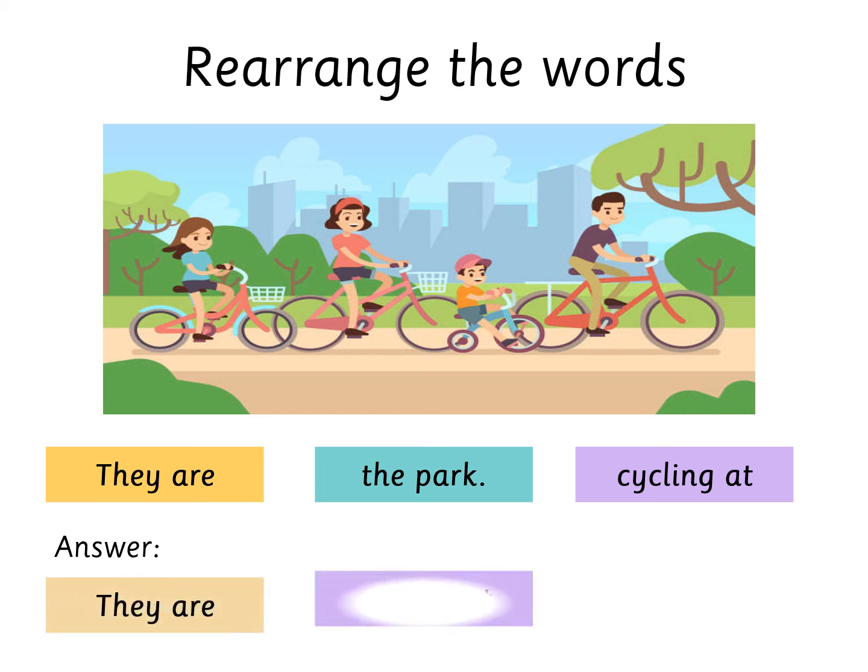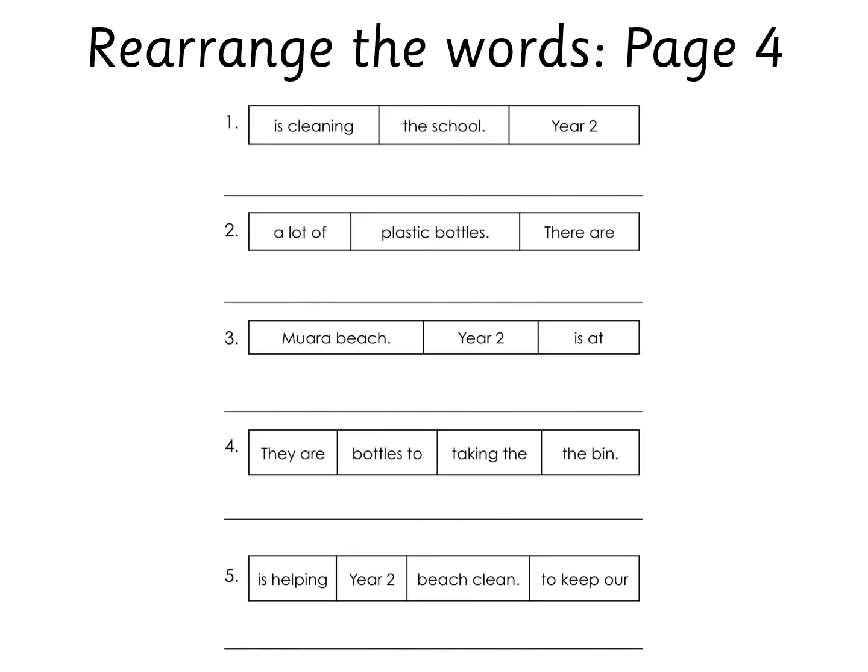They are cycling at the park. Don't forget your full stop when you are writing the sentences. Now, please answer the exercise on page 4. Here is an example. Year 2 is cleaning the school. You may complete the rest of the questions.